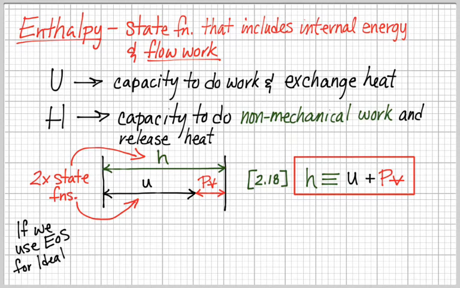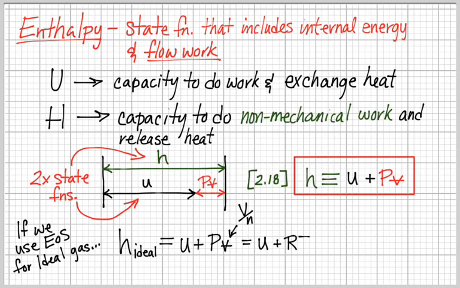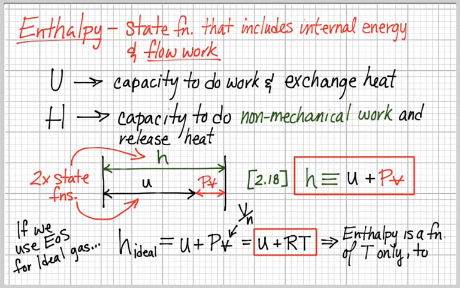If we use the equation of state for the ideal gas, we're going to see something interesting. We're going to see that the relationship of enthalpy when expressed as an ideal gas is still going to be U plus PV. And the V is going to be the molar volume, V over N. We know that that's a part of the ideal gas relationship, and so we can express it as the internal energy plus the ideal gas constant times T. In doing so, we've said that enthalpy is a function of temperature only for ideal gas behavior.